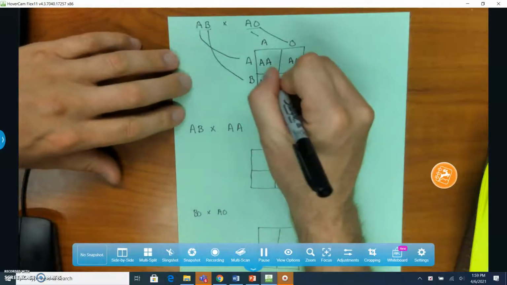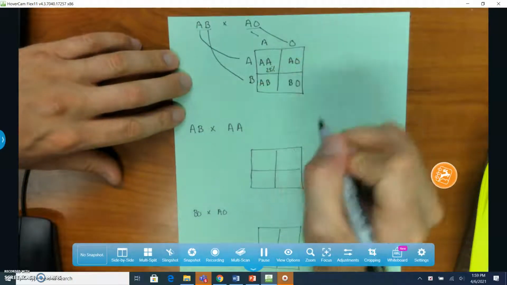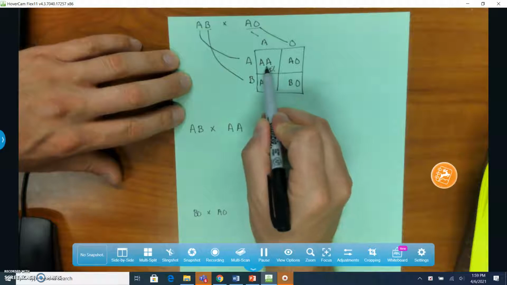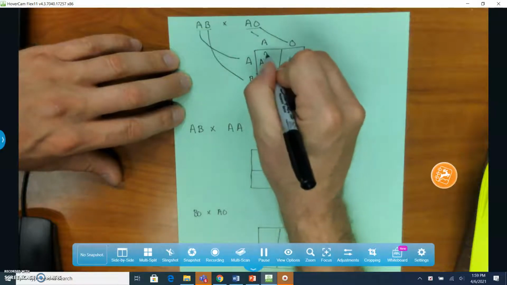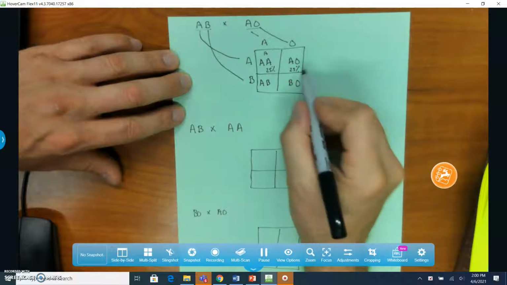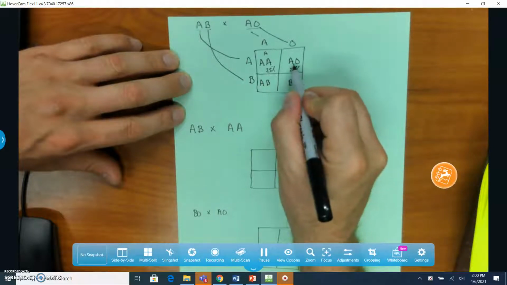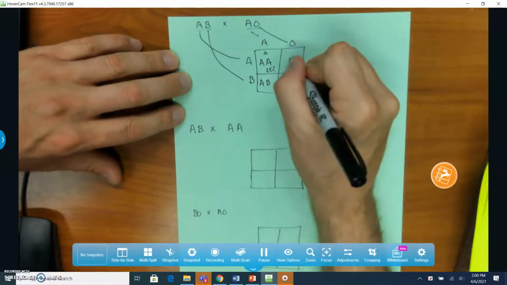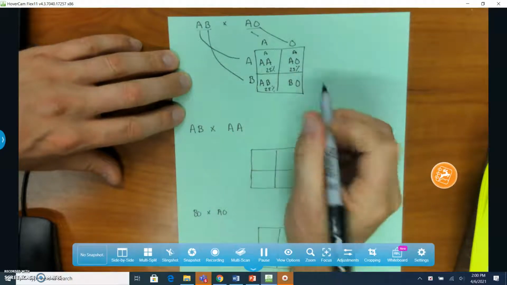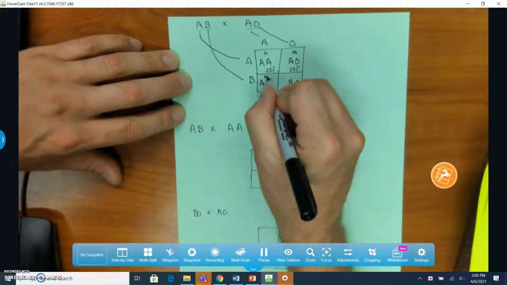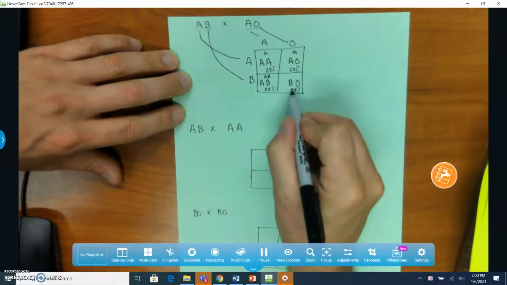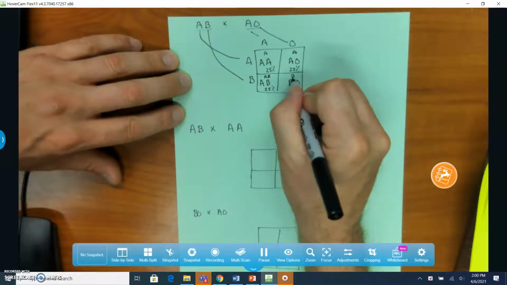And I can see that 25% will have the homozygous dominant A genotype, resulting in type A blood. I can see that 25% will have the heterozygous combination for type A blood. 25% will have AB blood, and 25% will have the heterozygous combination for type B blood.